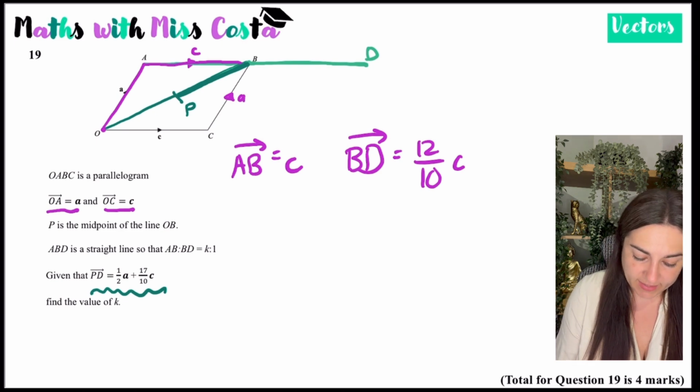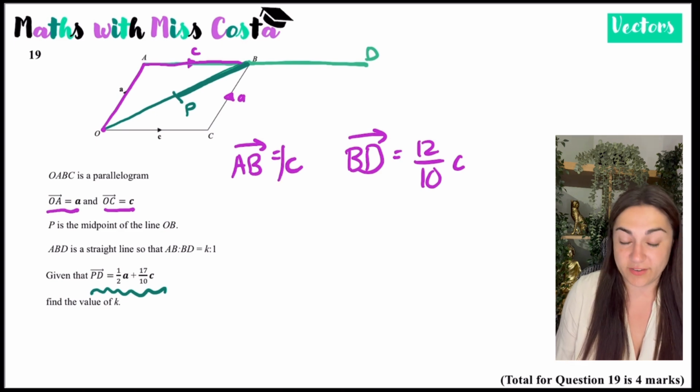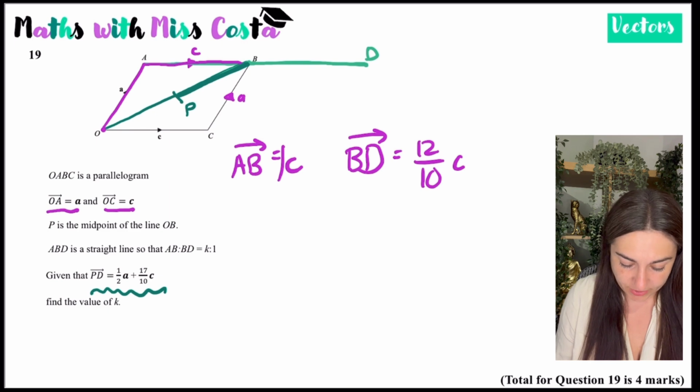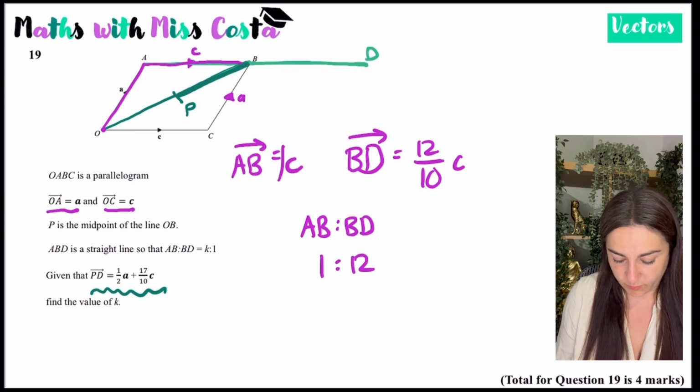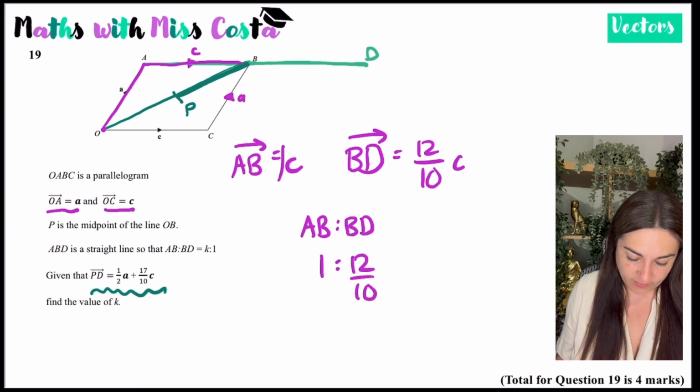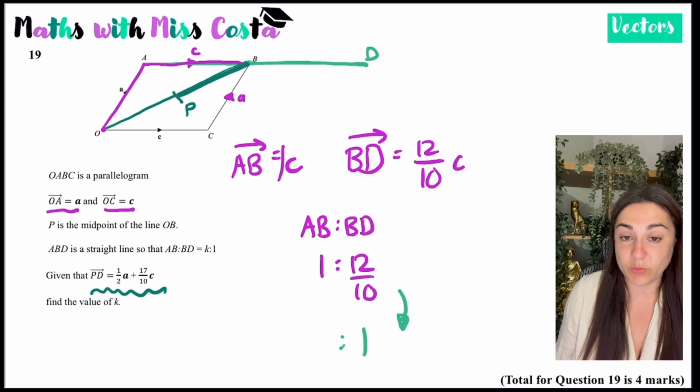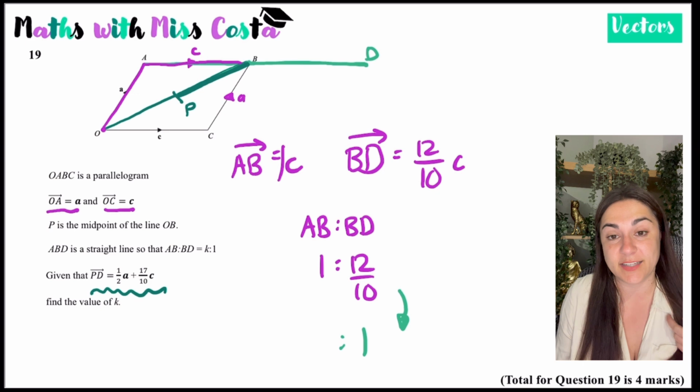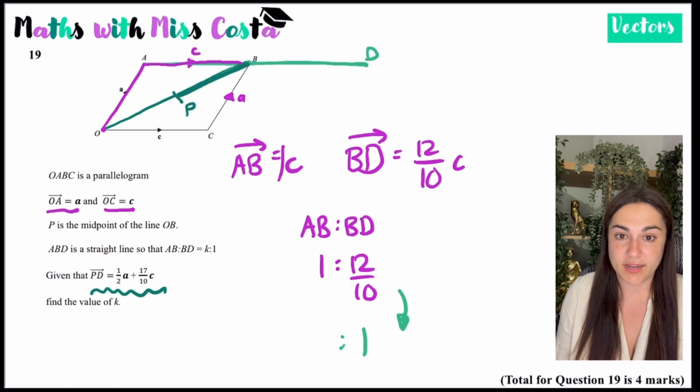So essentially, I could say that's 1C to 12/10 C. So AB to BD is 1 to 12/10. And I need to get it in the ratio K to 1. So I need to figure out what I am multiplying or dividing this to get to 1, and to turn any number or fraction to make it multiply.